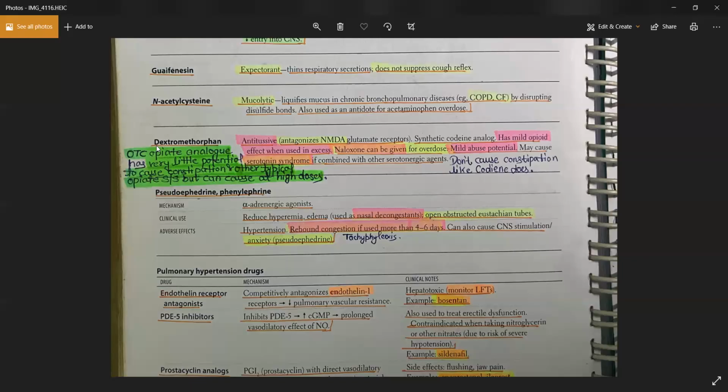Does anyone remember any other NMDA receptor antagonist? Ketamine, yeah. Any one more? Any drug of abuse?